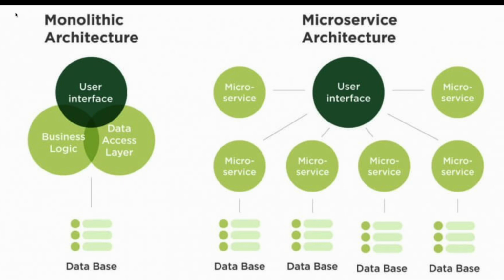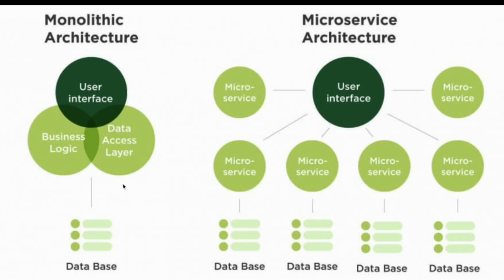Previously most of the companies used this monolithic architecture to develop applications, but nowadays companies are using microservices architecture to develop any real-time application. So this is the user interface, this is the business logic and data access layer. So this is one application. Inside this application all the logic is tightly coupled and there is one database for this one application.